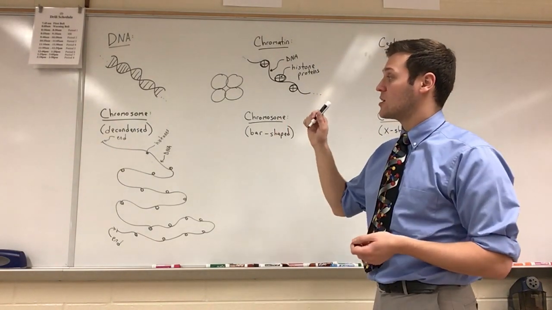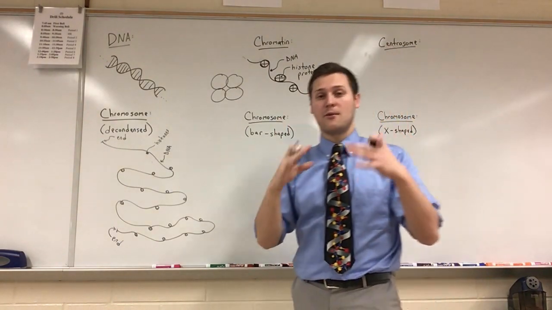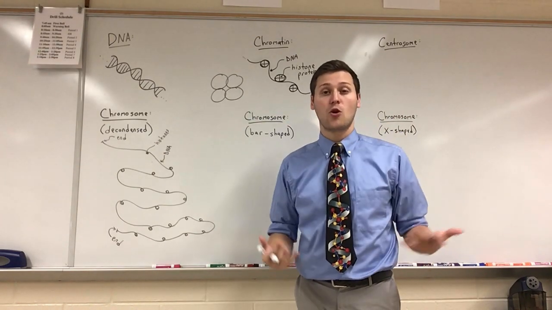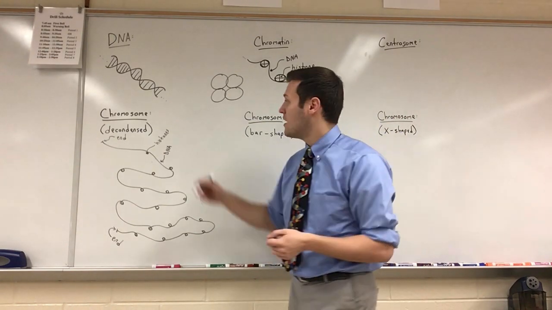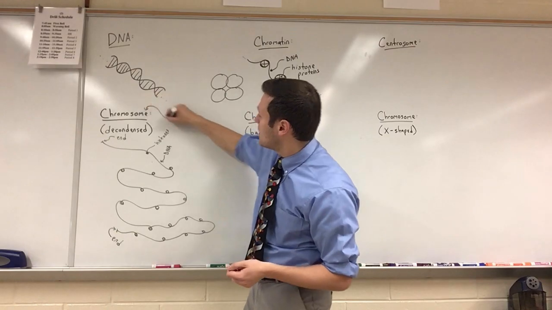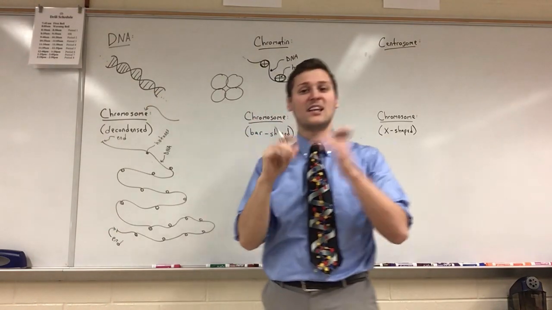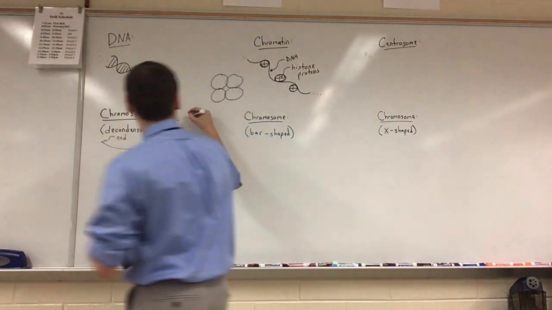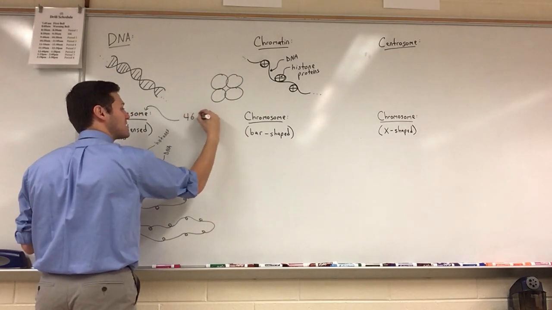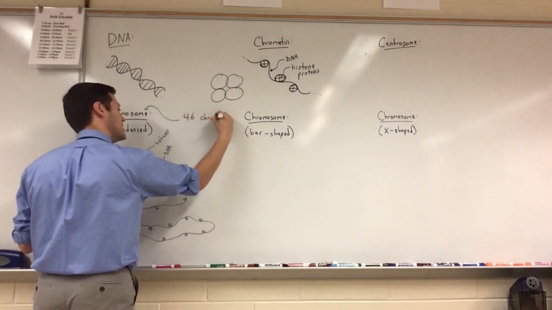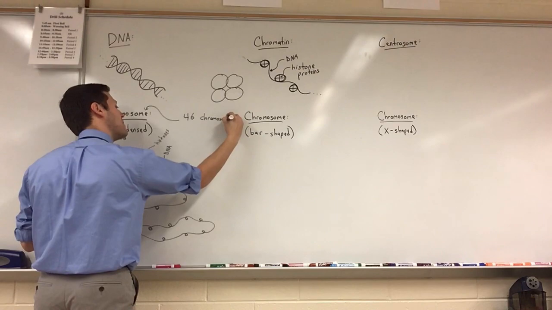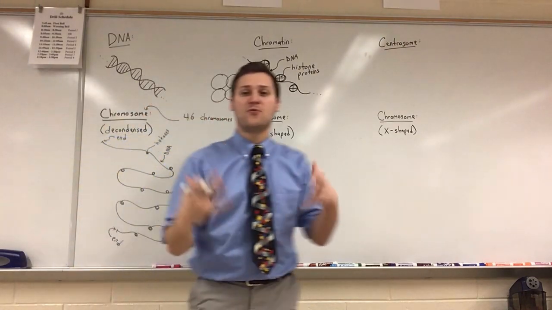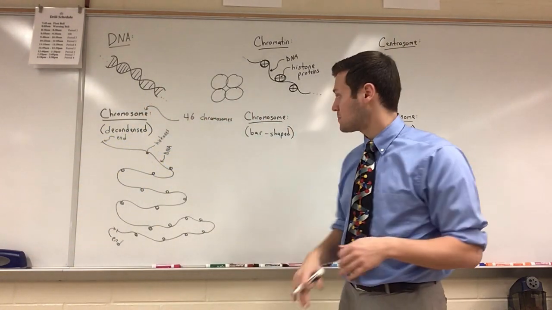As for the chromosome itself, if we are talking about human cells, within the nucleus of any human cell, we have a total of 46 chromosomes. So that means we have a total of 46 full-length strands of DNA.